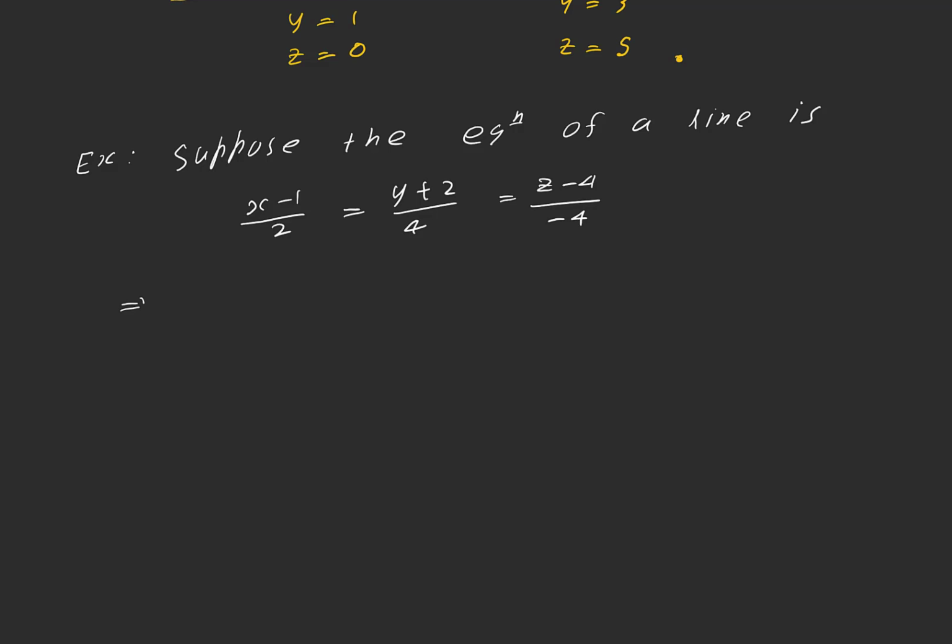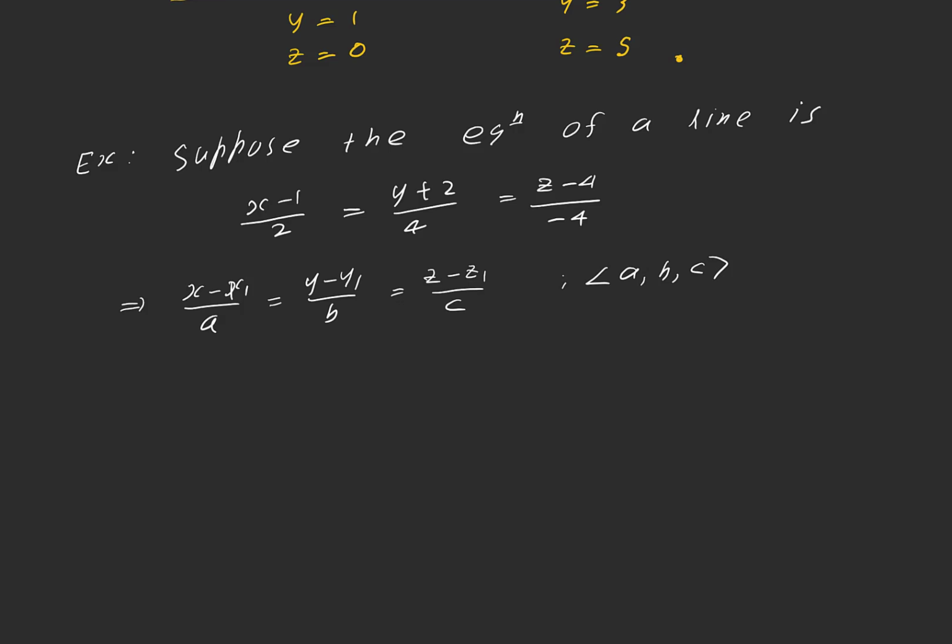Then what is the direction vector of the line? How do we find the direction vector? Now go back to the theory. We know the line equation (x minus x1) over a equal (y minus y1) over b equals (z minus z1) over c. So here the direction vector is a, b, c.